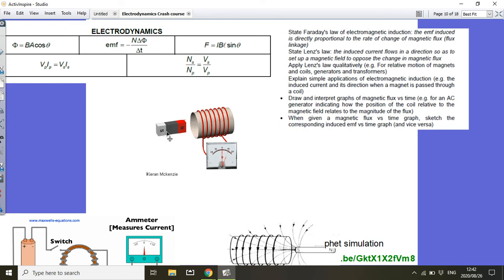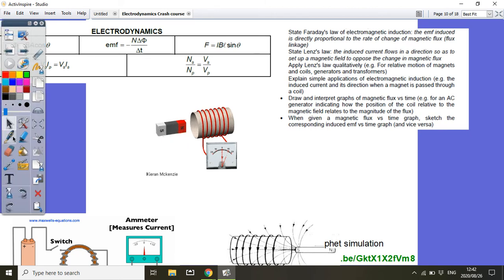So now what am I doing? I'm pushing a north pole into the coil, simply said. So how can I oppose that? How can I repel that magnet?